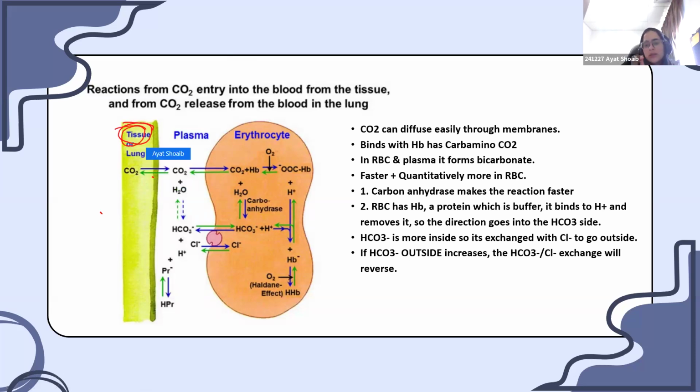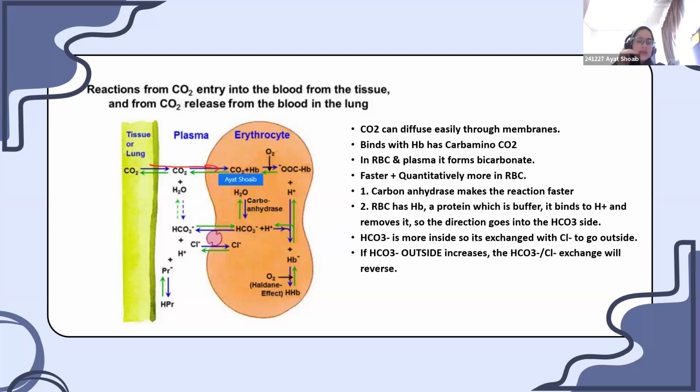As I said, in your tissue you have a lot of carbon dioxide, right? Your erythrocyte is carrying your oxygen and whatever, but we're just talking about carbon dioxide. Your carbon dioxide goes from the tissue into the erythrocyte.